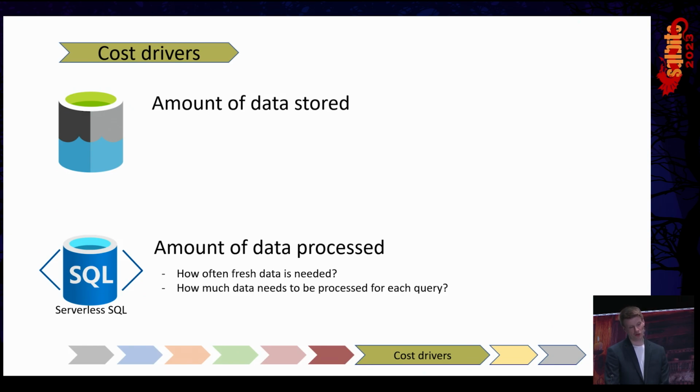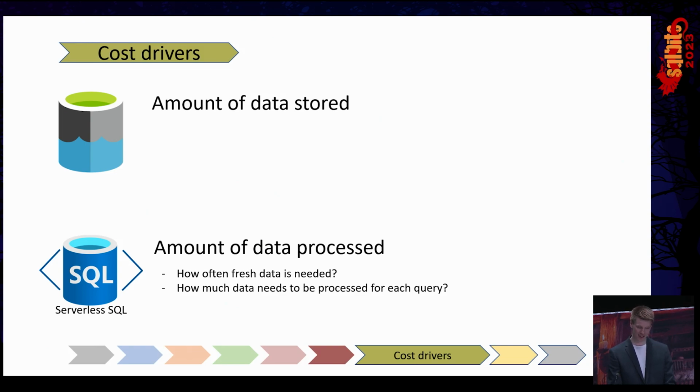So cost drivers, what makes this cheap? Because this can be an extremely inexpensive solution if you do it right. Of course, as with any data platform, these two statements will be true whatever data platform you're using. So the amount of data stored is going to be important.